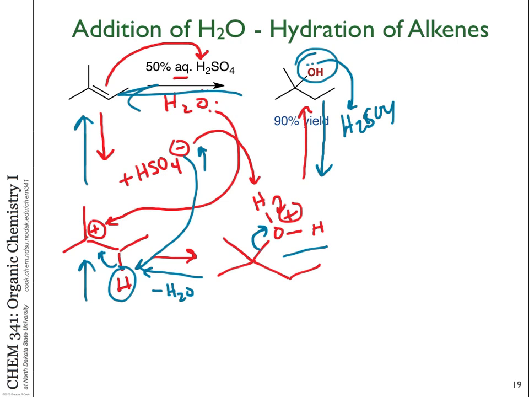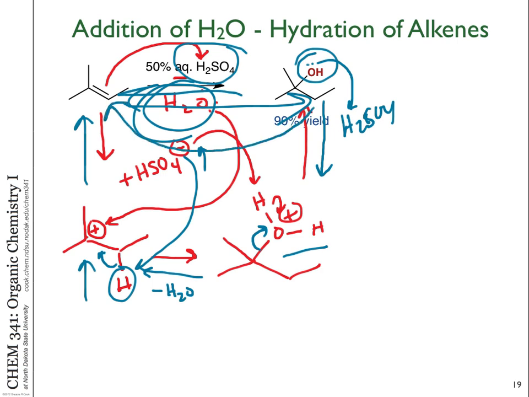The way we shift this reaction one way or the other is by manipulating the reaction conditions. So if there's lots of water present under aqueous conditions, we'll get the reaction going to the right. If we don't have much water present or we have concentrated sulfuric acid, what we're going to do is shift this reaction to the left.